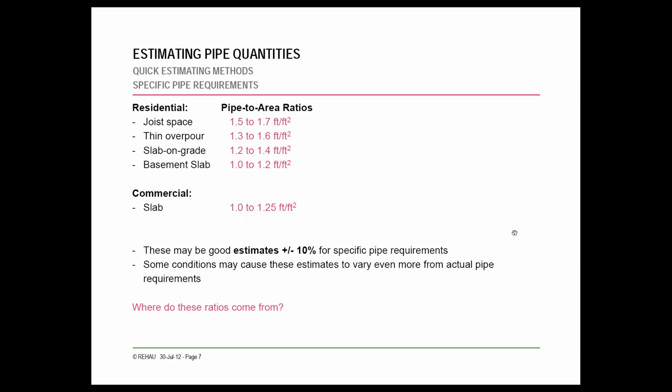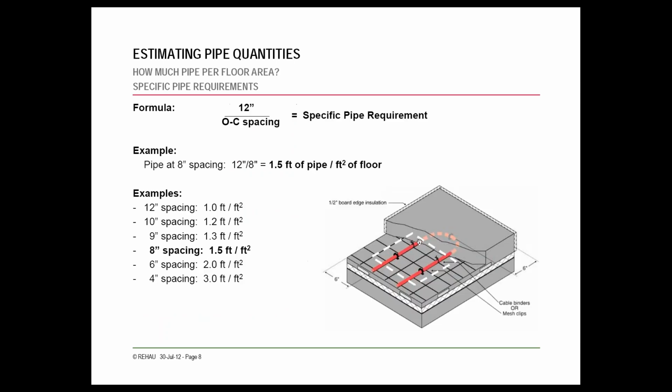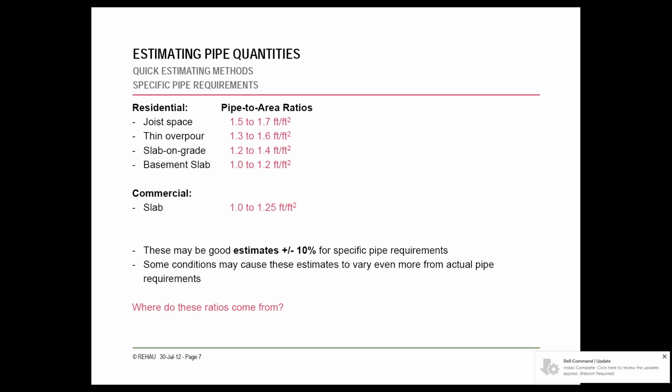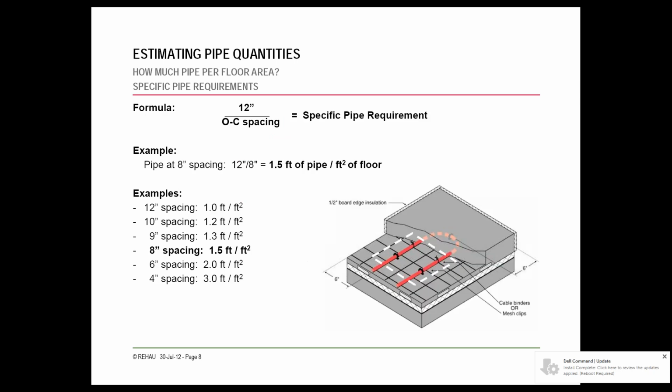In terms of estimating the pipe, once you have the area, you need to know the pipe to area ratio based on your install, and that's ultimately about the spacing. So the formula for the spacing is basically 12 inches divided by your spacing, and then you multiply that by the floor area. That'll give you specific examples down here.